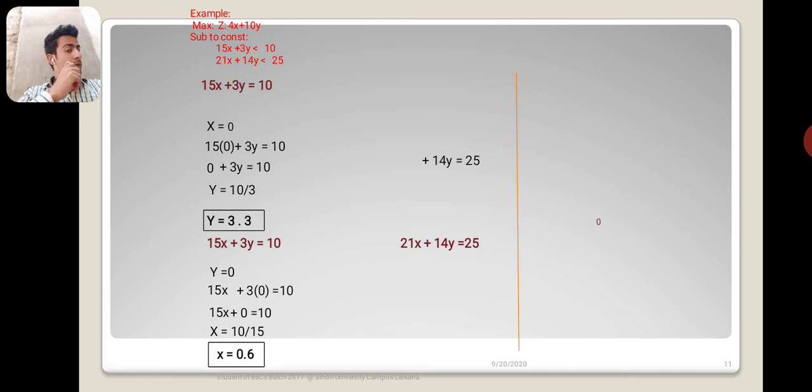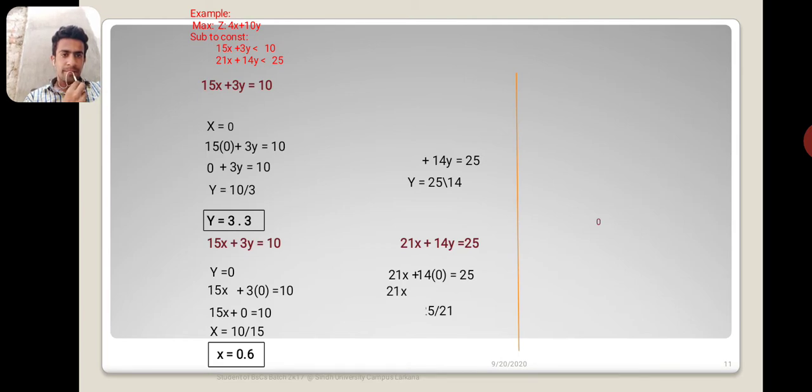21x plus 14y is equal to 25. Y is equal to 25 over 14. 14(0) is equal to 25. 21x plus 14(0) is equal to 25.